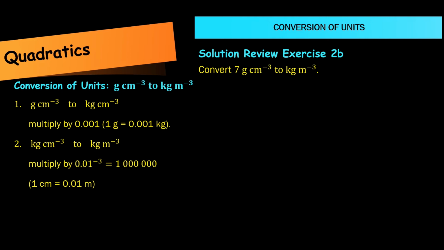So for this we need to multiply by 0.01 to the -3. And of course this is because 1 centimeter equals 0.01 meters. And 0.01 to the power -3 is of course 1 million.